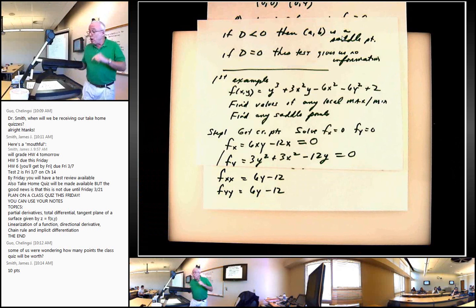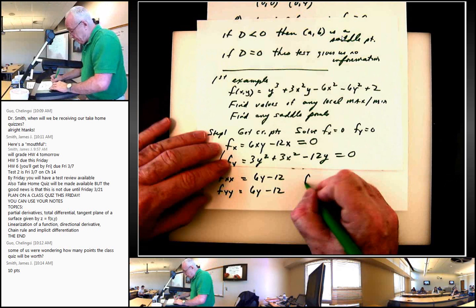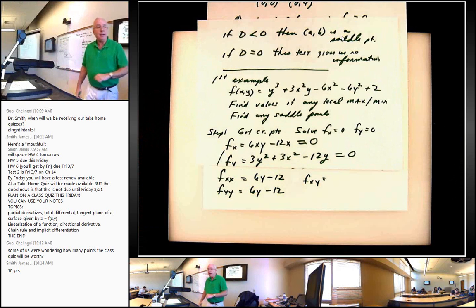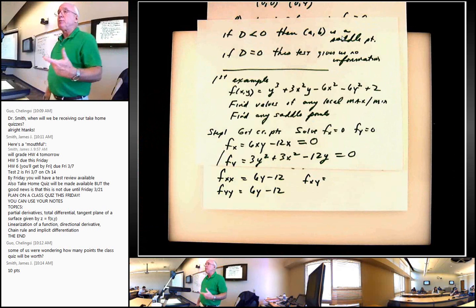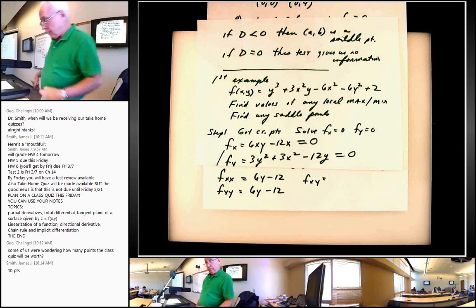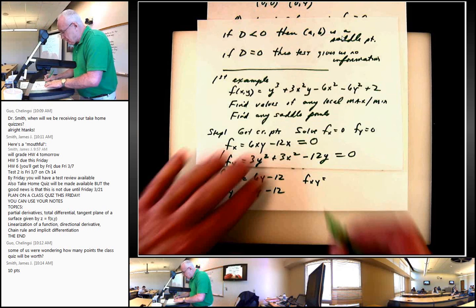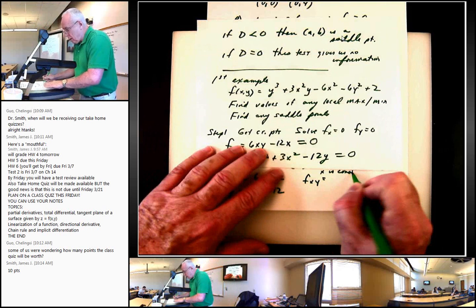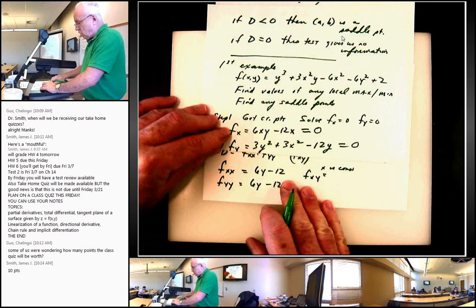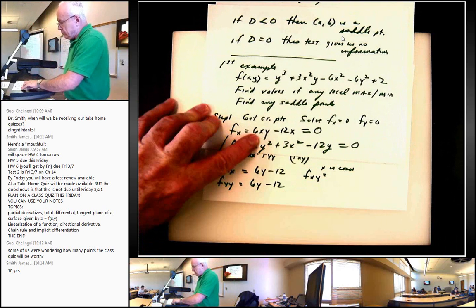All right. We also need to get fxy. So we need to start with our fx and do its derivative with respect to y. So that means we're going to be treating x like a constant. Okay? X is constant.